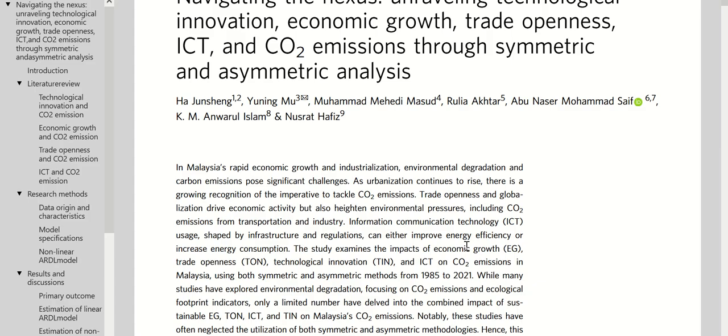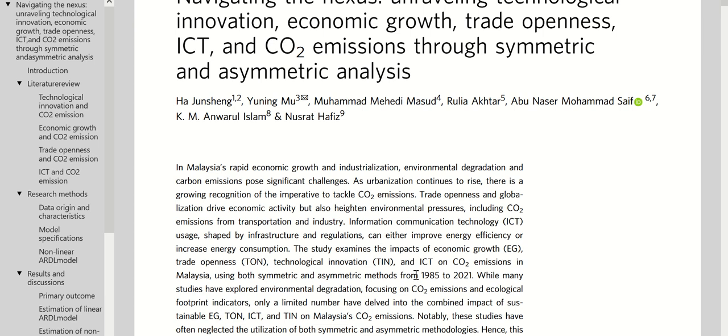They were explaining that although many studies examine CO2 emission, very few analyze economic growth, trade openness, and technological innovation together. This is the gap, and the focus is on Malaysia. They explained why this study is new and valuable.